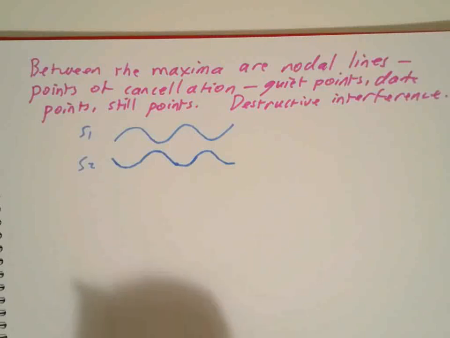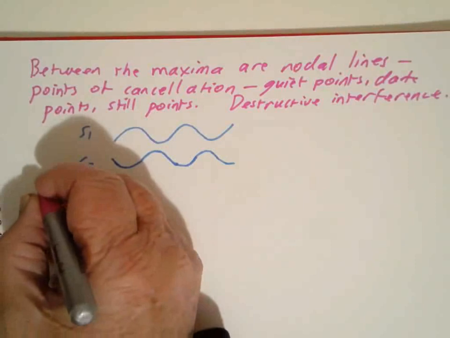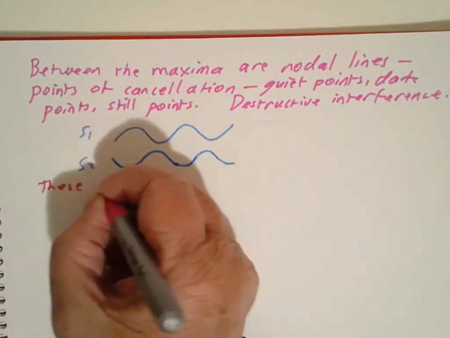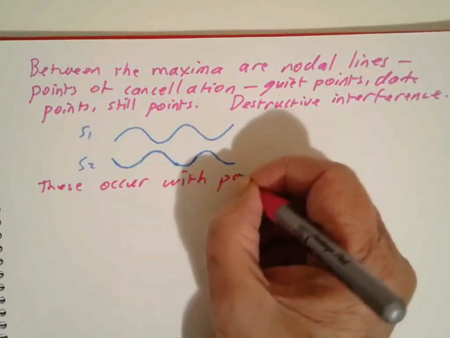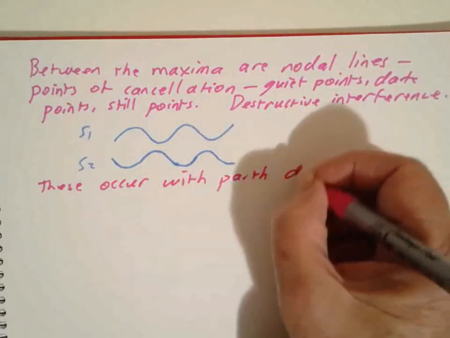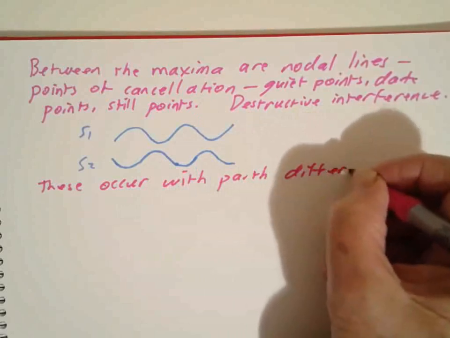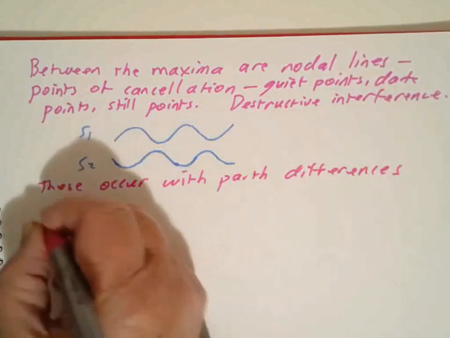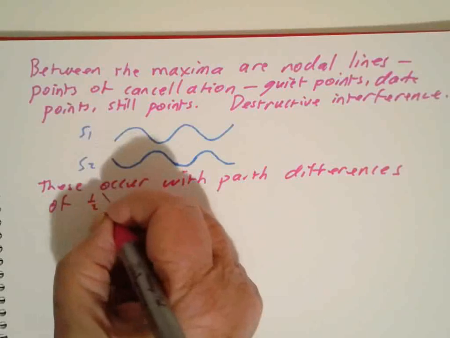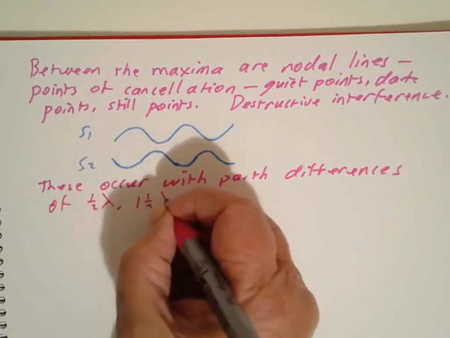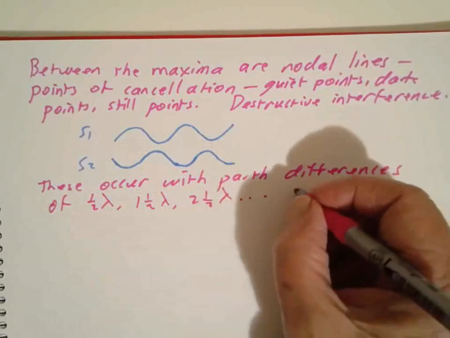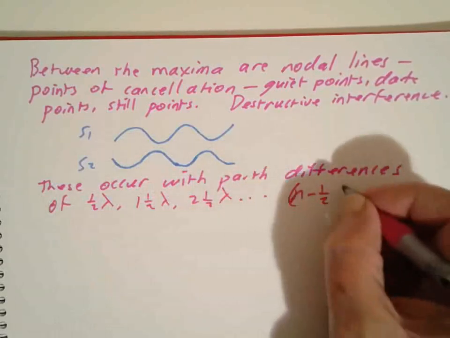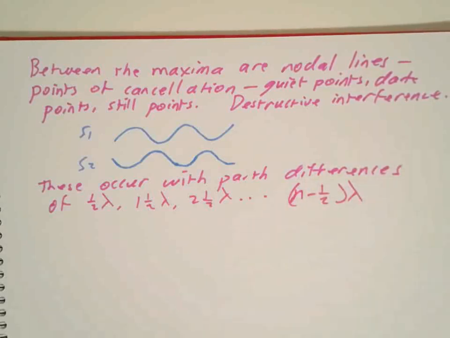So the nodal lines occur with path differences of half lambda, 1.5 lambda, 2.5 lambda, etc. So n minus a half lambda is the path difference, where n is the nodal line.